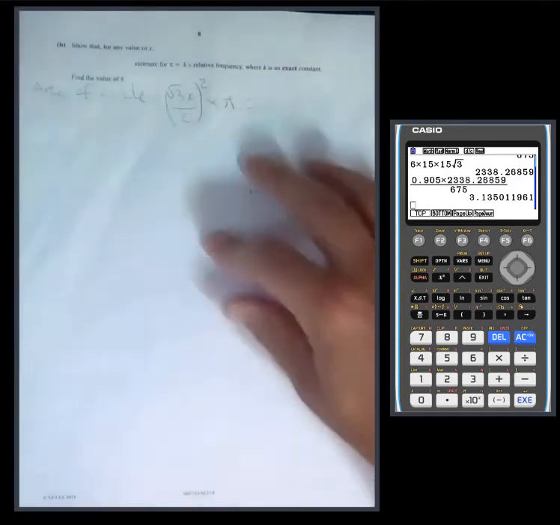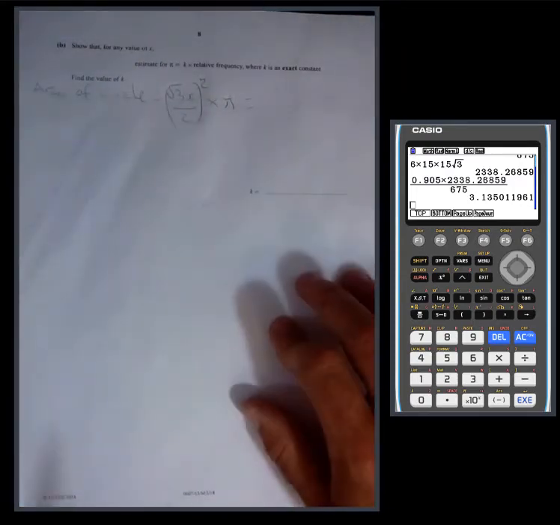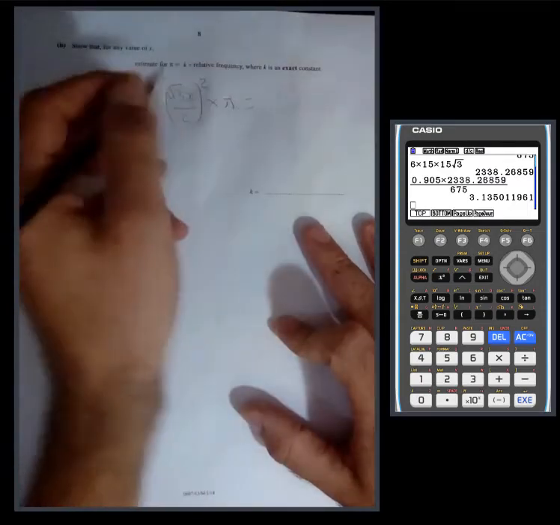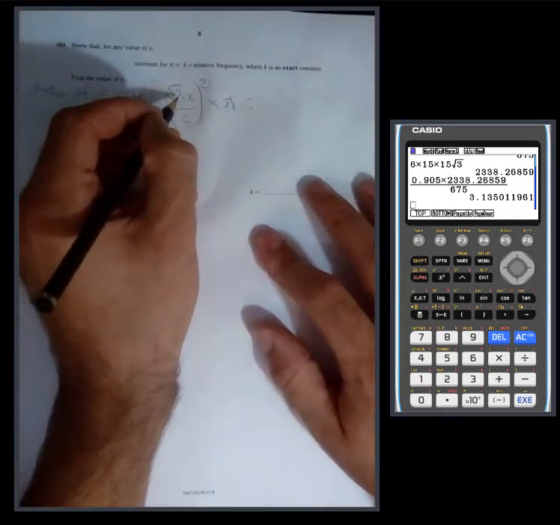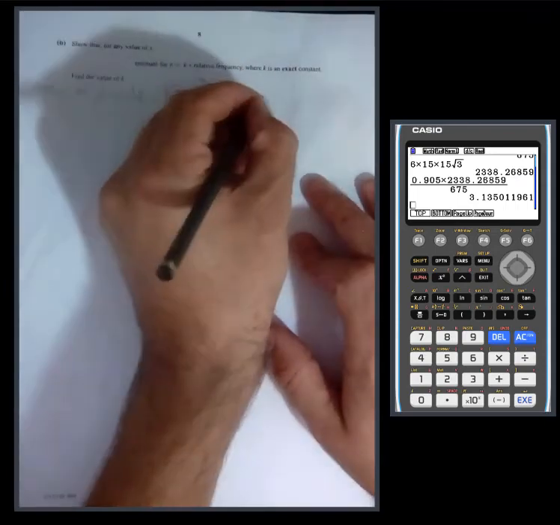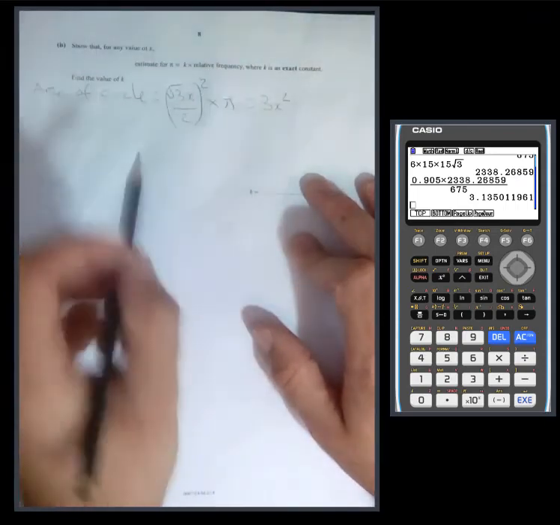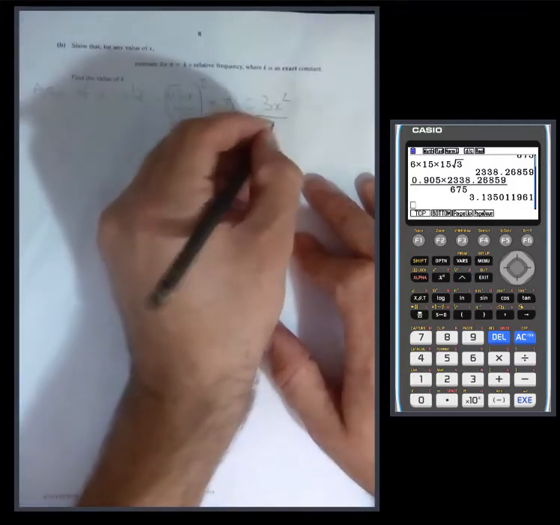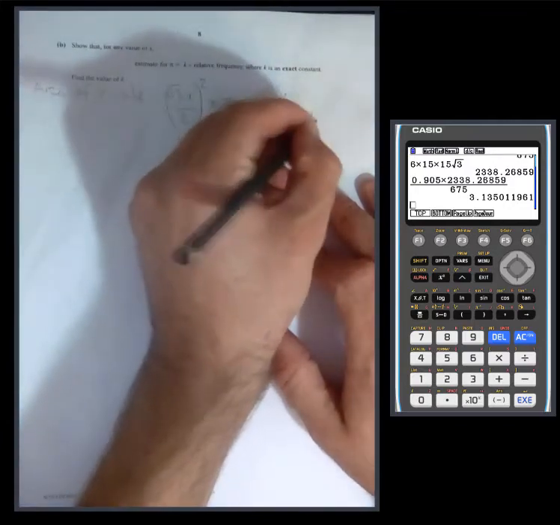Well, we can do quite a lot on that. It's root 3 over 2 squared times x squared. Root 3 squared is 3, x squared is x squared, so it's 3x squared on the top, and 2 squared on the bottom will be a 4, over 4 times pi. That's the area of the circle.